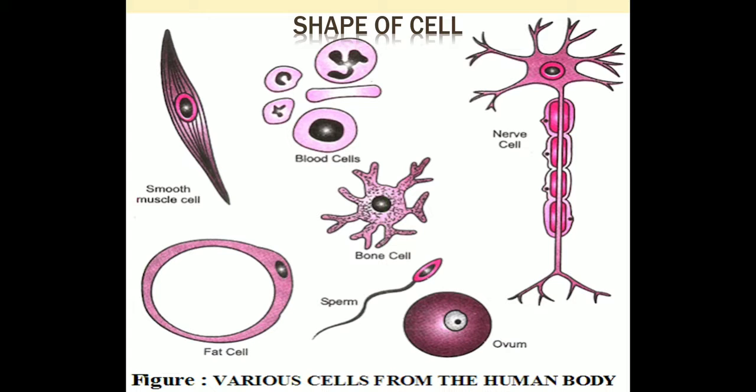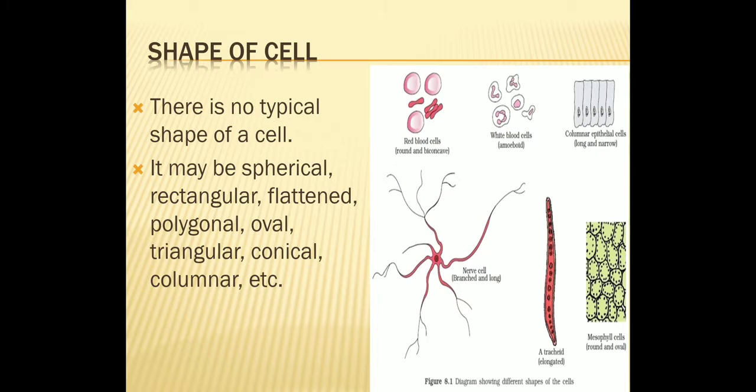Talking about shape, you will find there are different shapes of cells. It may be spherical, rectangular, flattened, polygonal, oval, triangular, conical, columnar, etc. There are many more shapes.